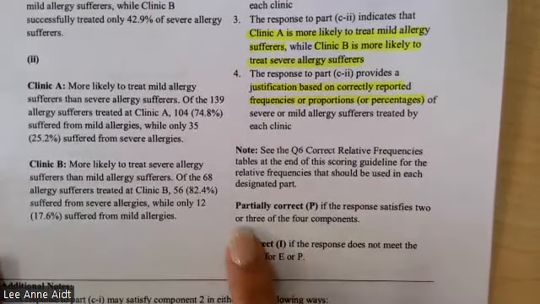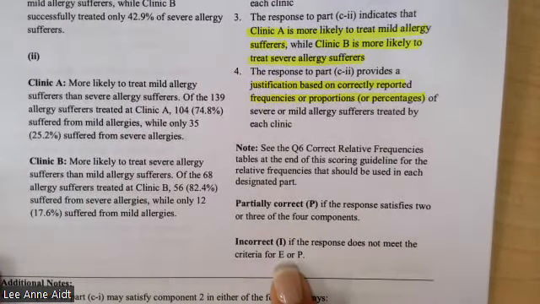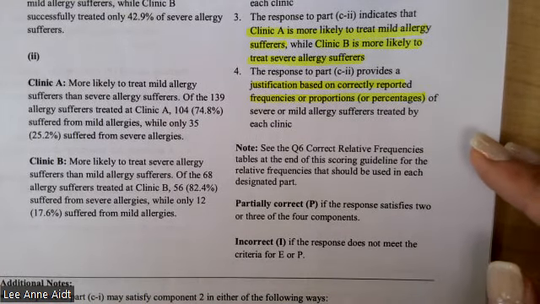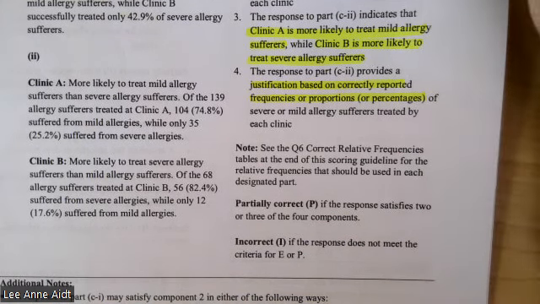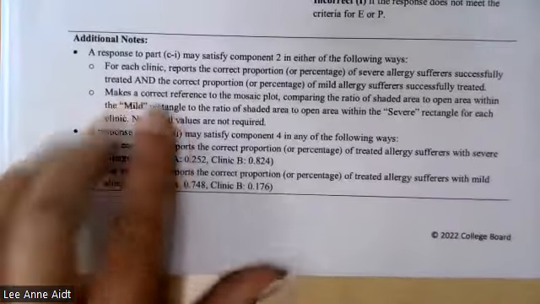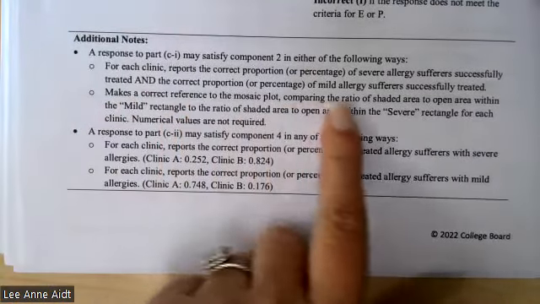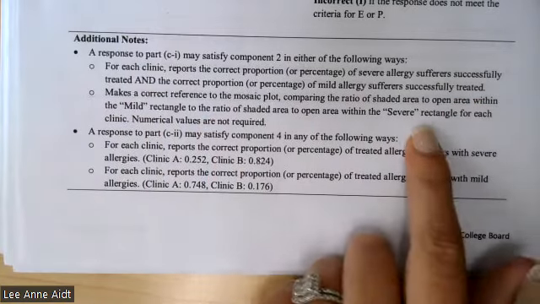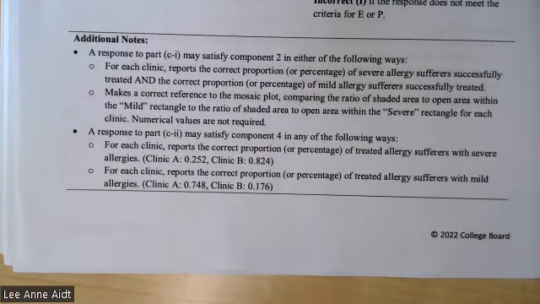If you got 2 or 3 of the 4 components, you got a P, otherwise it's an I. Oh, this is fun. If you know about mosaic plots, you could have made a correct reference comparing the ratio of shaded area to open area instead of proportion amounts.